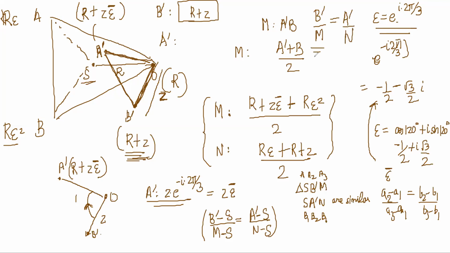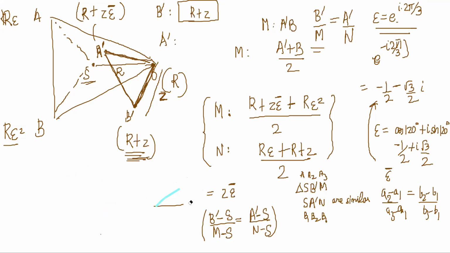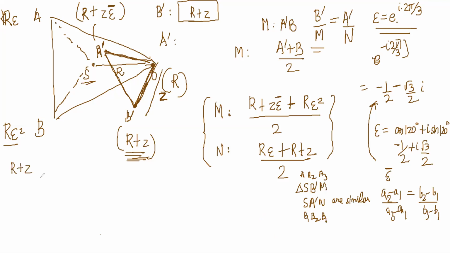Yes, sir. So B dash, A dash, everything I know. B dash is R plus Z. M is this. So I have to prove that. Okay, I'll do it here only. B dash by M: B dash is R plus Z, R plus Z by M. M is R plus Z epsilon plus R epsilon square by 2.